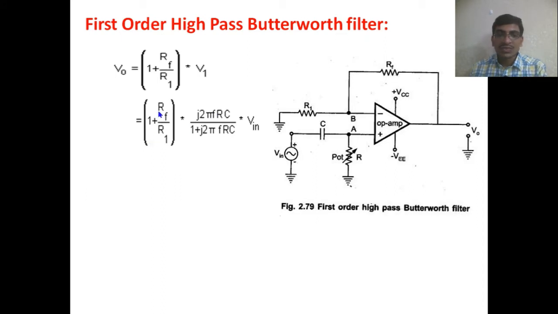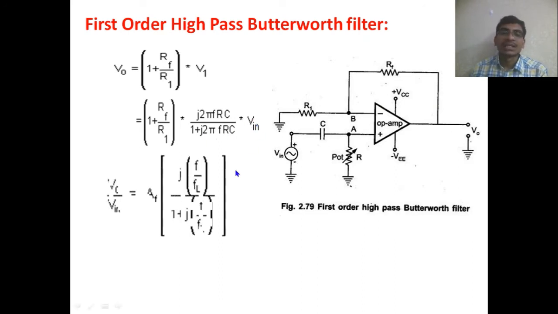Therefore, V0 is equal to 1 plus Rf by R1 into the voltage at node A, or V1, which can be given as the voltage across the resistance R. Which is equal to applied voltage Vin into R divided by the total impedance R minus JXC. So if you rearrange that, you will get it as J2 pi FRC divided by 1 plus J2 pi FRC into VIN.